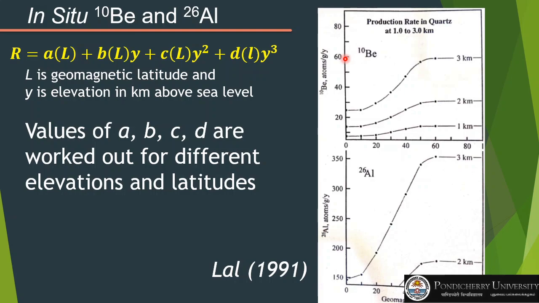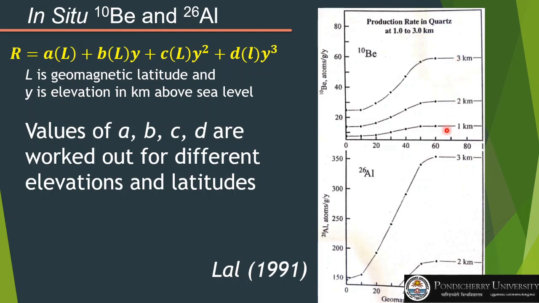This particular slide indicates that production varies with geomagnetic latitude, which is shown on the x-axis. You can see from 0° latitude you are going more towards the pole on the right hand side, and as you go towards the pole, for any given elevation, the production increases. This is for 1 kilometer elevation. For any given elevation the production increases, and the higher the elevation, the production increases further.